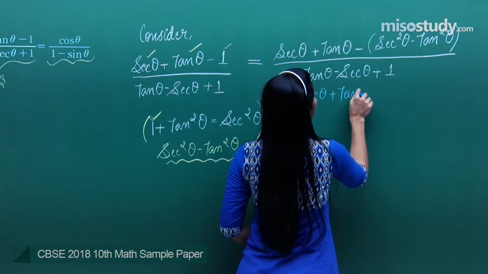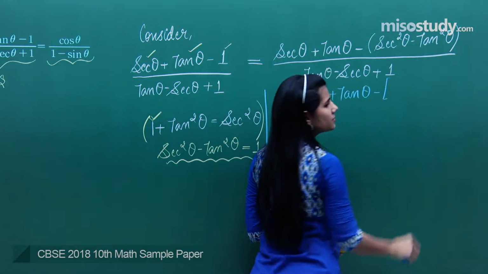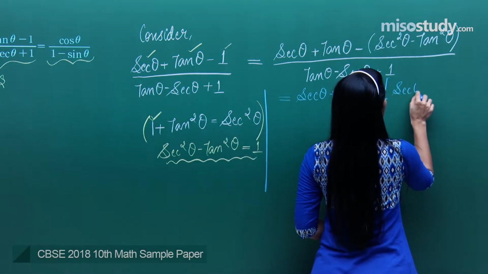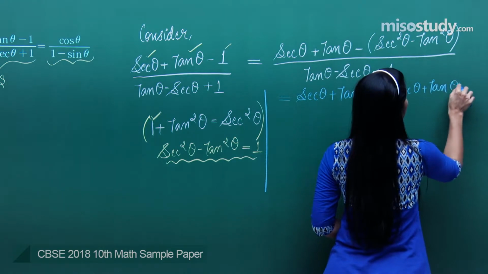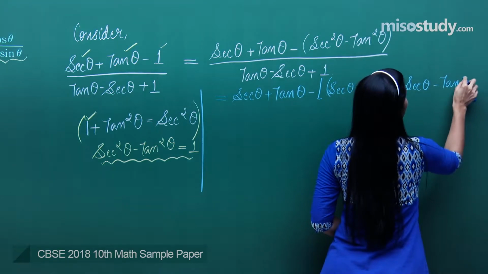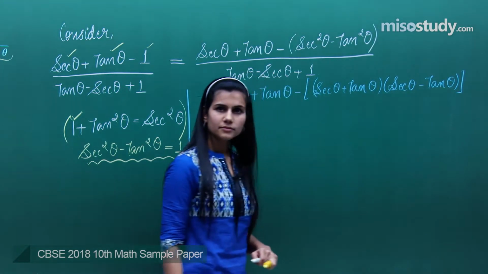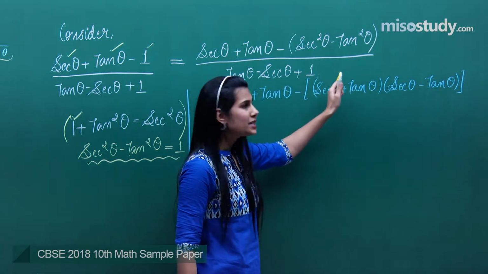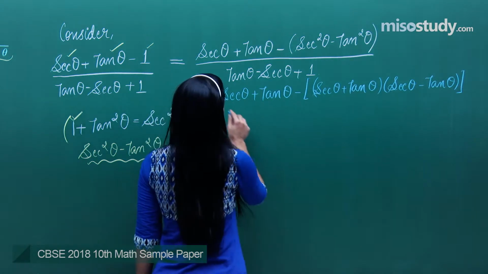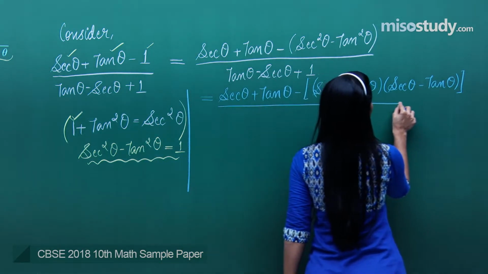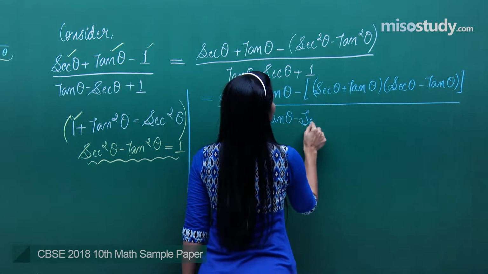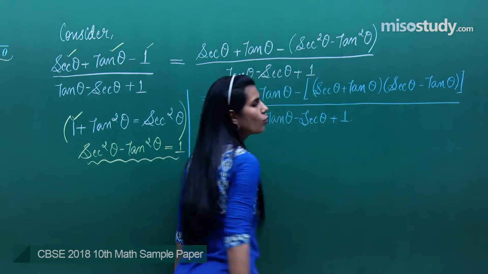Sec theta plus tan theta minus, sec square theta minus tan square theta will be sec theta plus tan theta multiplied by sec theta minus tan theta, because a square minus b square is a plus b into a minus b. And the denominator I am not at all disturbing. It is still equal to tan theta minus sec theta plus 1.